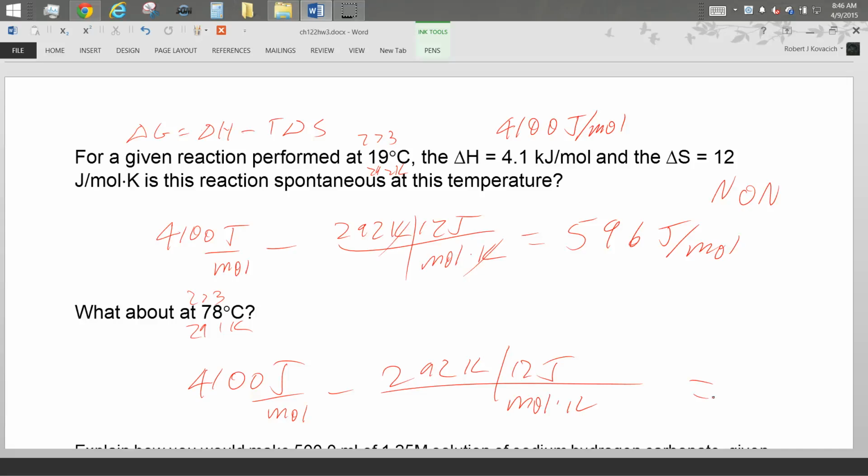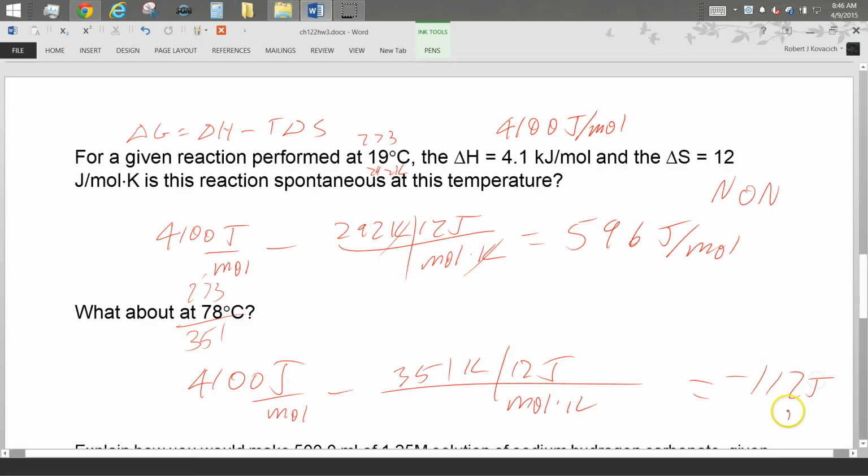Yeah. Thanks. Oh yeah, I totally messed that up. All right. 351. Yeah, that's better. I wrote the same number down. So I get negative 112 joules per mole. So spontaneous.